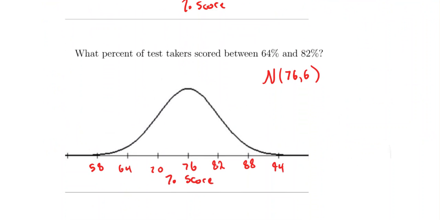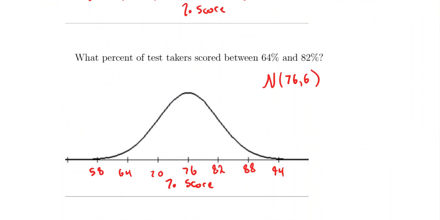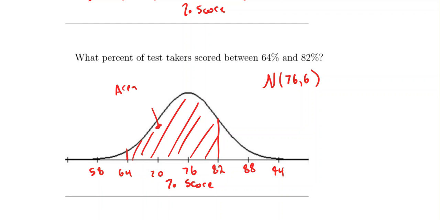You can also find things between. So maybe you want to find something between 64% and 82%. So you'd be looking for this area in our picture here. Again, you can find this however you want. You can add up things, or another common way to look at it is to subtract. So if I want to think of this area as subtraction, I could take the total area to the left of that 82 and subtract off the area to the left of 64.